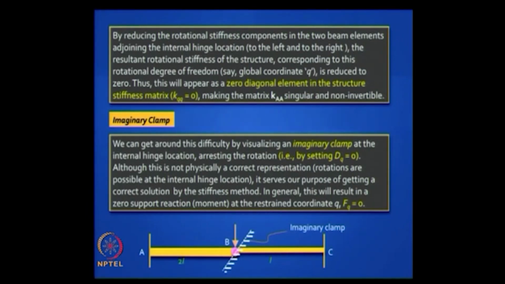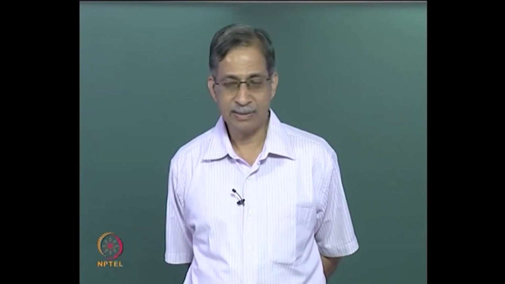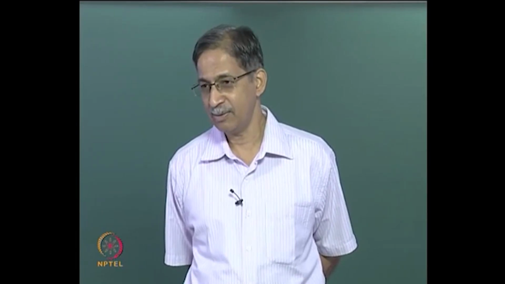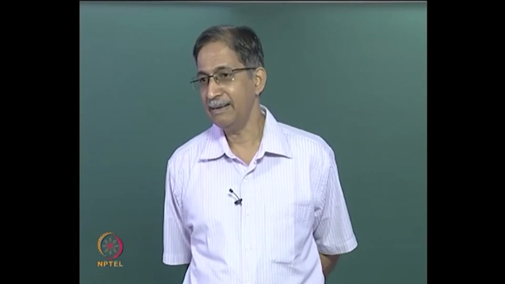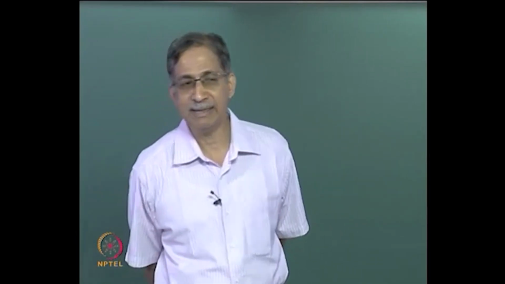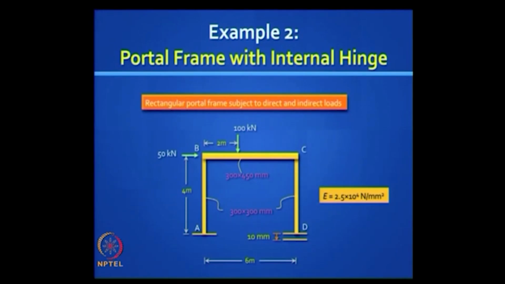So you don't need to invert the KAA matrix with a zero diagonal element in it. The moment you have a release, you will have a zero diagonal element. So we conveniently pass it on to the restrained coordinate, and there it does not really matter. We do this by means of an imaginary clamp. We have done this for the beam, we are just repeating this idea for a frame.